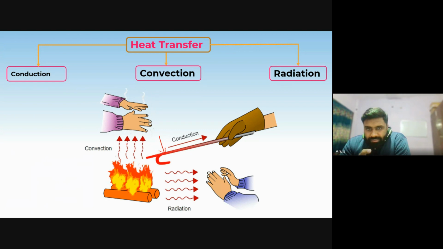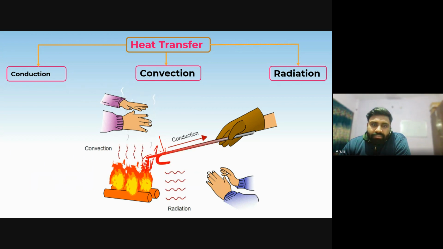In this example, there is a metal rod placed near this fire, the main source of heat. Although this end is not in direct contact with the heat, after some time it is getting hotter. Why is it so?